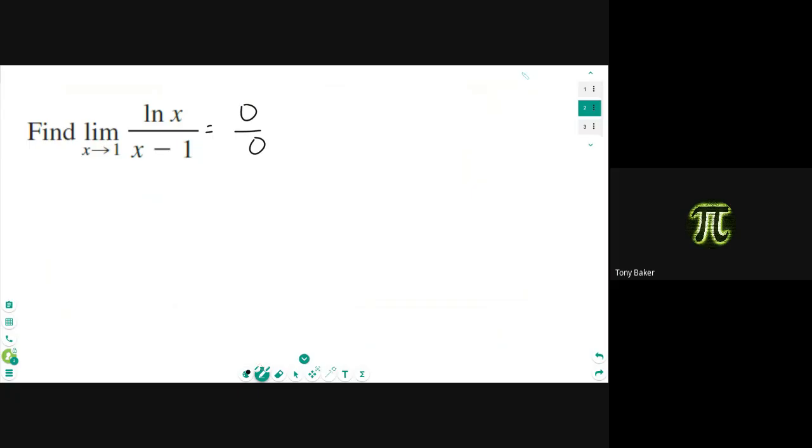So what's the derivative? If f of x is ln of x, what's f prime of x? What's the derivative of ln of x? 1 over x.